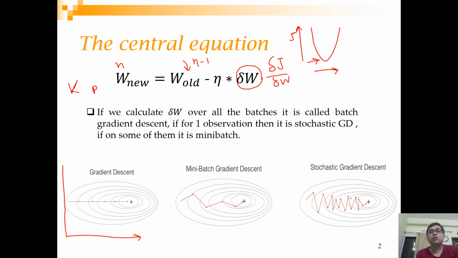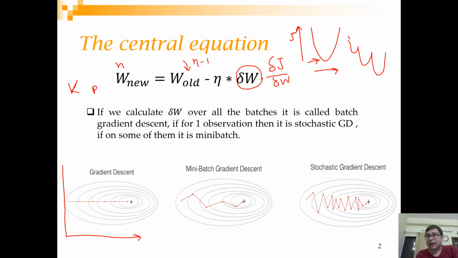So one of the questions that can come to your mind is why do we go for stochastic gradient descent? Yes, one point is of course computational efficiency, but even without that, your loss function does not necessarily have a surface like this. It can instead have a surface like this. All right.